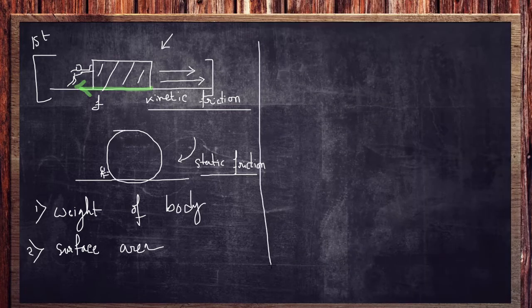Okay. As you can see in our previous examples, I told you this is quite pushable. You can push it and it will move forward. But for the stone, it is not possible. Why? Because the stone is very heavy. That means the weight of the body is very high. So when the weight of the body is very high, friction will also increase.